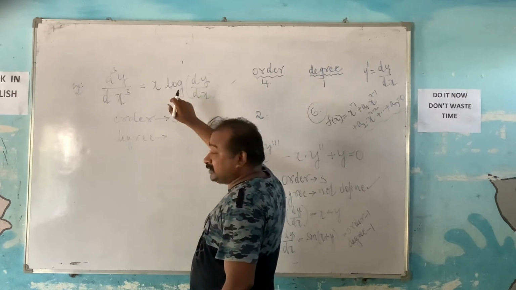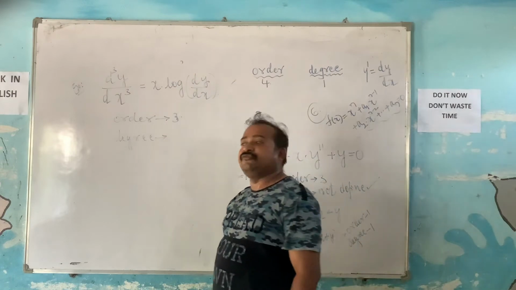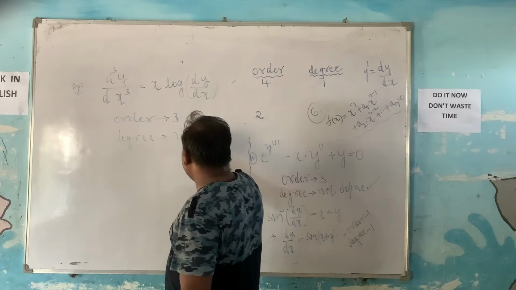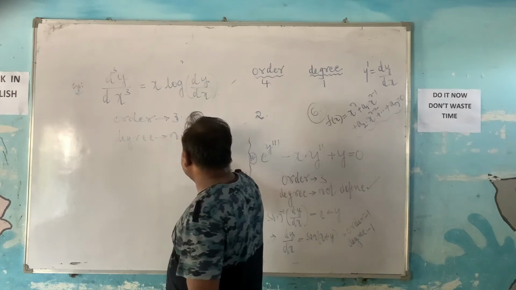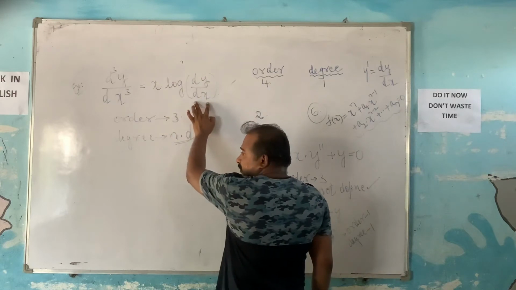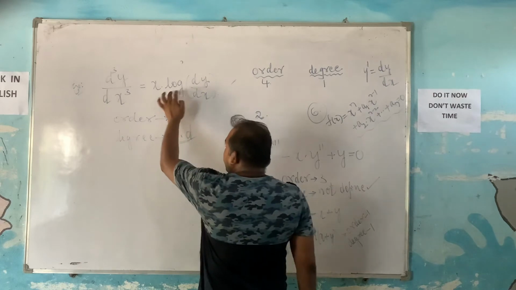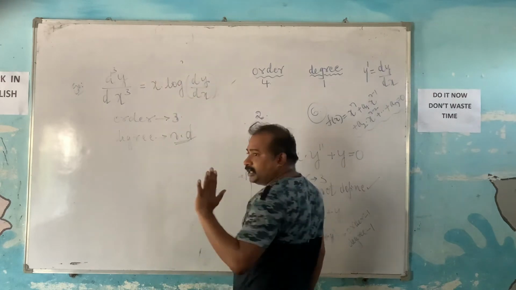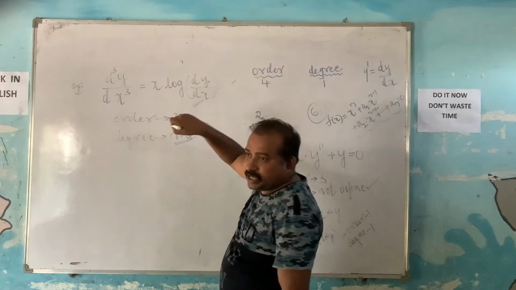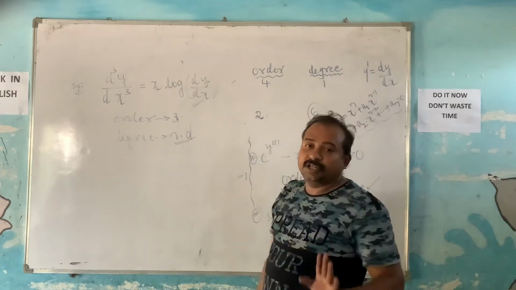So this is not a polynomial equation involving differentials, so automatically degree is not defined. For example, instead of dy by dx, if logarithm of x or logarithm of y were there, then you could state the degree. But here logarithm of dy by dx is there, so degree is not defined.